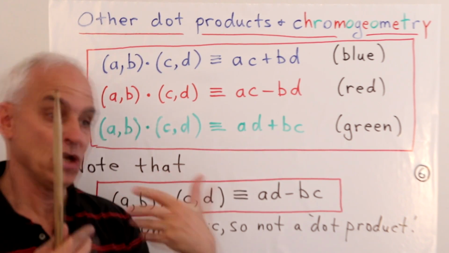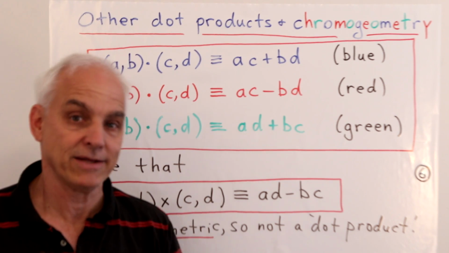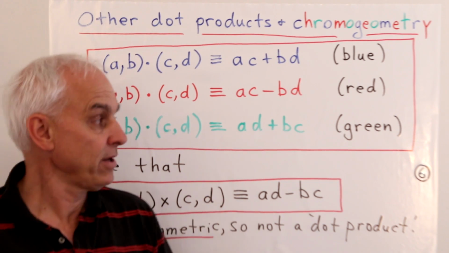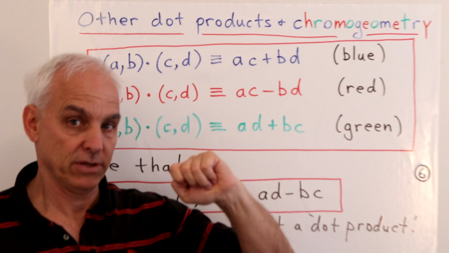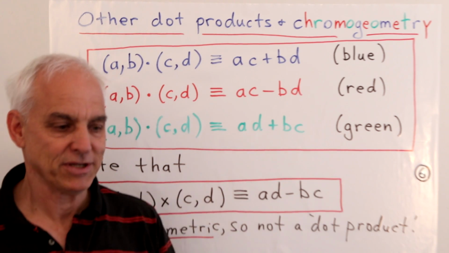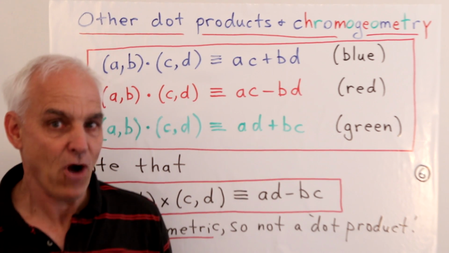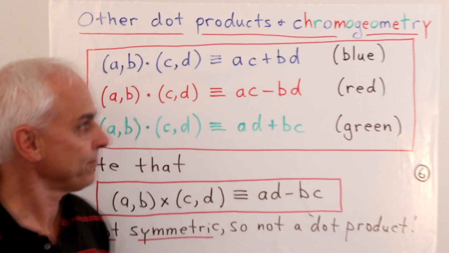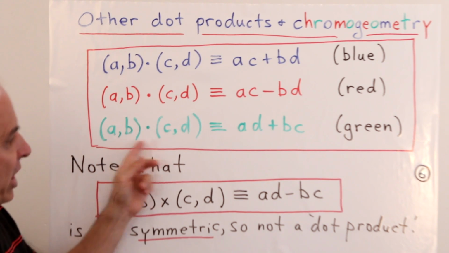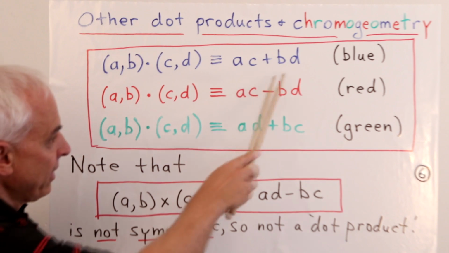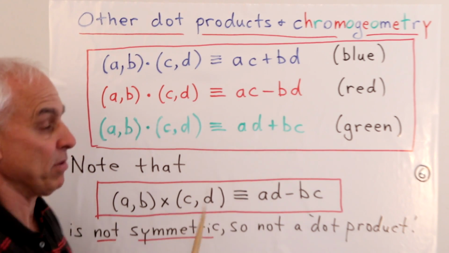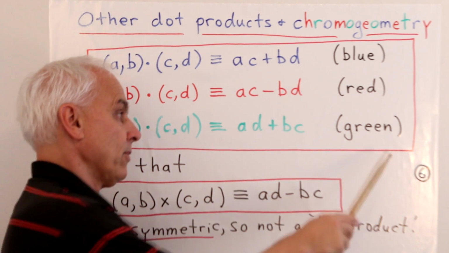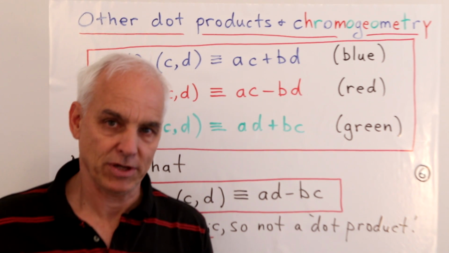If we use that definition of a dot product, we get a new kind of geometry, which we can call red geometry. It's a relativistic geometry. It's the same red geometry that we've already studied earlier in this series. And if we change things yet again by replacing what's here with AD plus BC, then we get what we're going to call the green geometry.